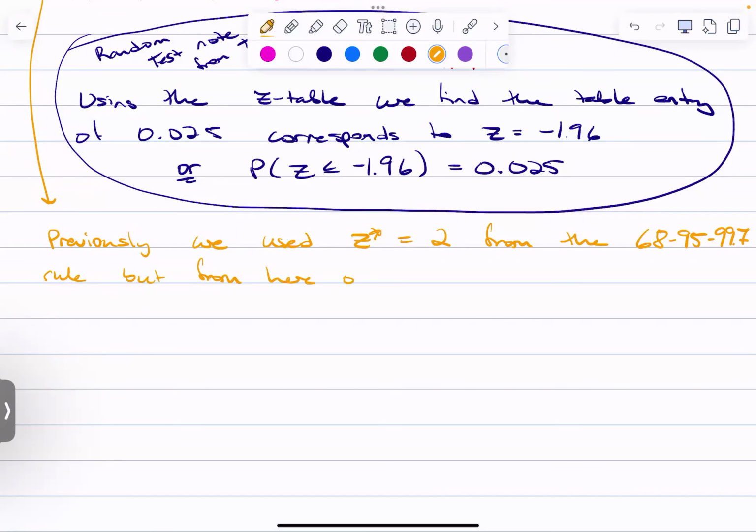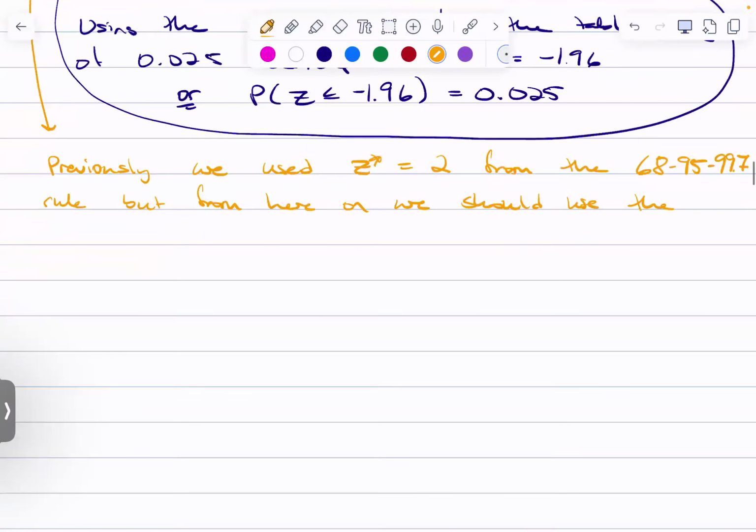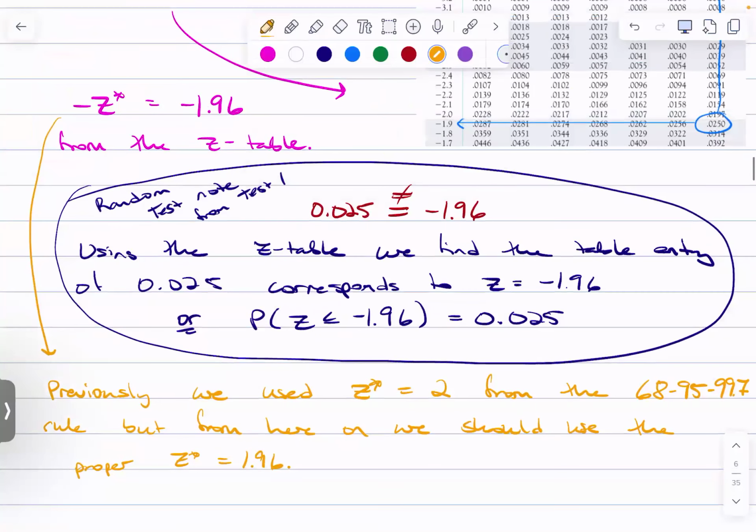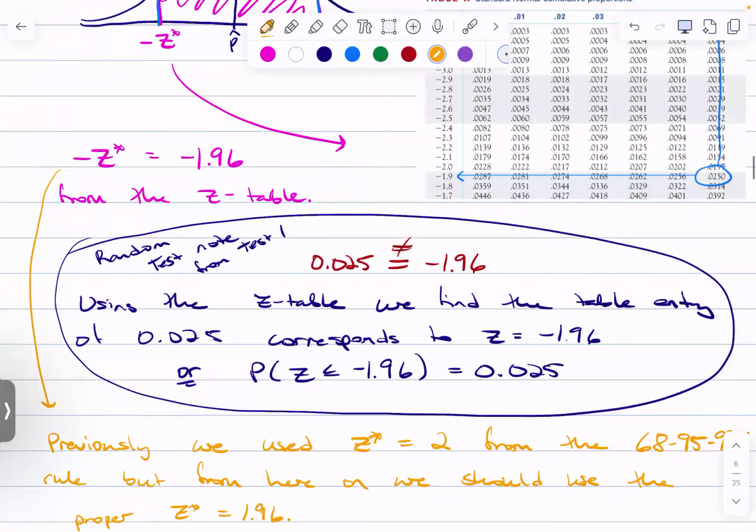From here on, we should use the proper Z star equal to 1.96, right? But 1.96 is really close to 2, right? Okay. So, good.